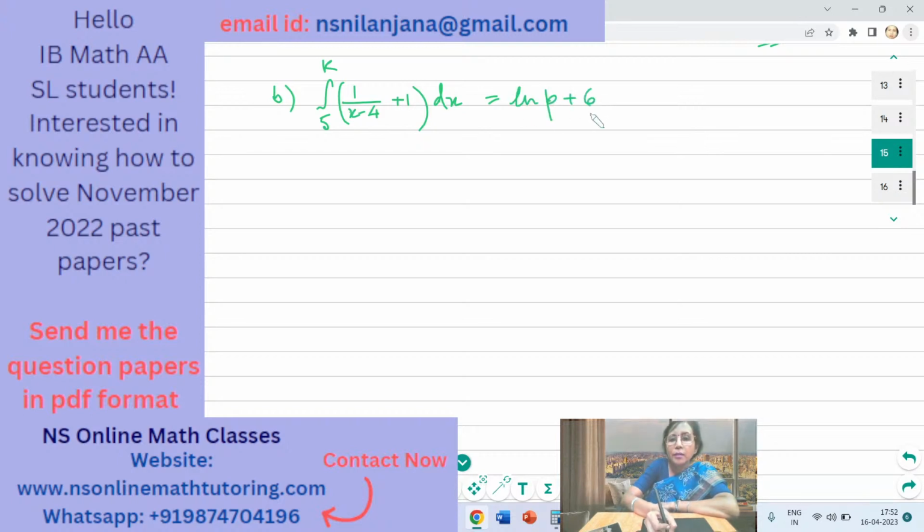Okay? And now, just by writing this equation, do not stop over here, because some of the students will be thinking, oh my goodness, we are having a single equation and we are having two variables, k and p. How can we solve this equation? We have to get a second equation, and they will be just wasting time on trying to get a second equation, because it is natural that you should be having two equations.